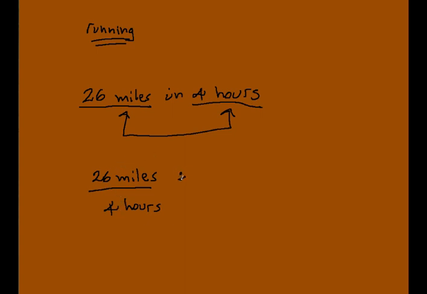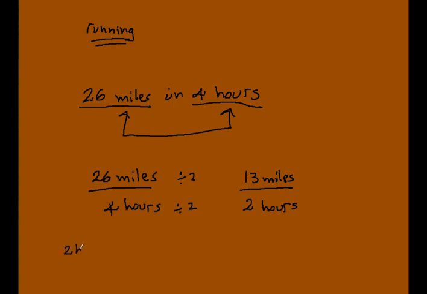Here, I can realize that I can divide the top and the bottom by 2. So 26 divided by 2 gives me 13, and then 4 divided by 2 gives me 2. This is miles, and this was hours.